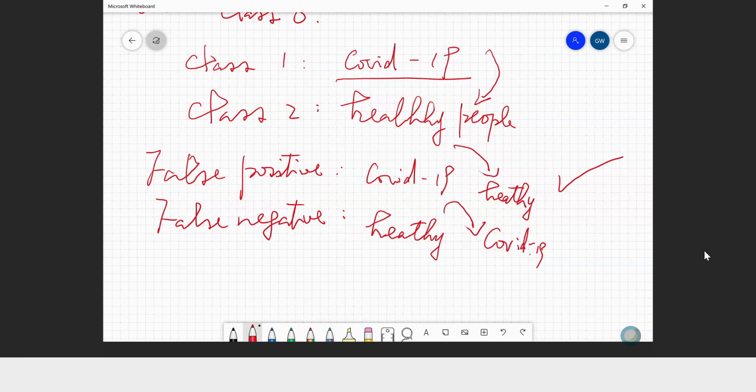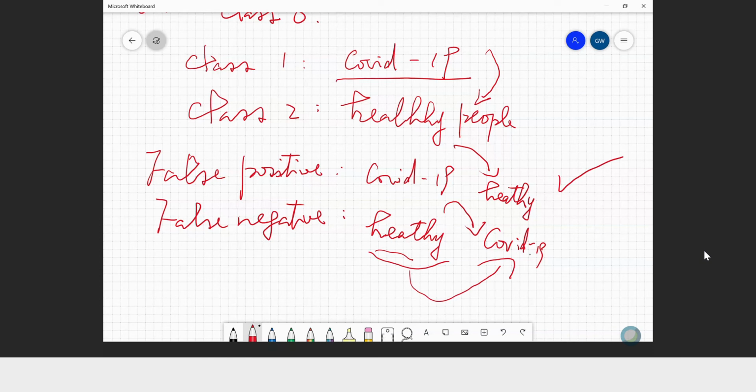Because if someone got COVID-19 and you said he's healthy, then he may attend a party or some gathering, and he will affect a lot of people. But if someone is healthy and we misclassified them as COVID-19, it has a little effect on this person's individual life, but not such a big deal.